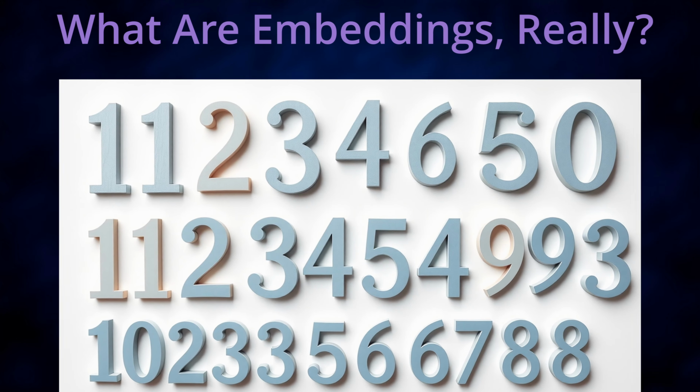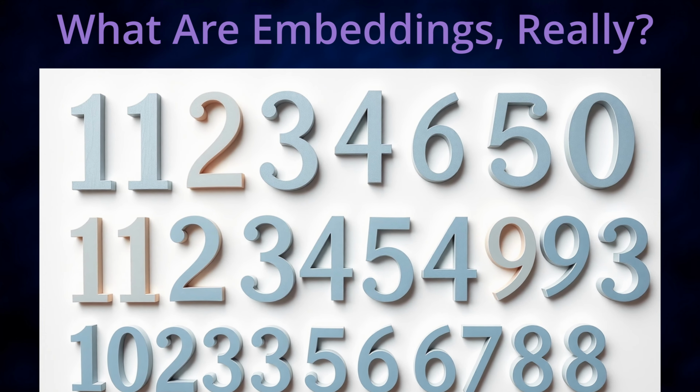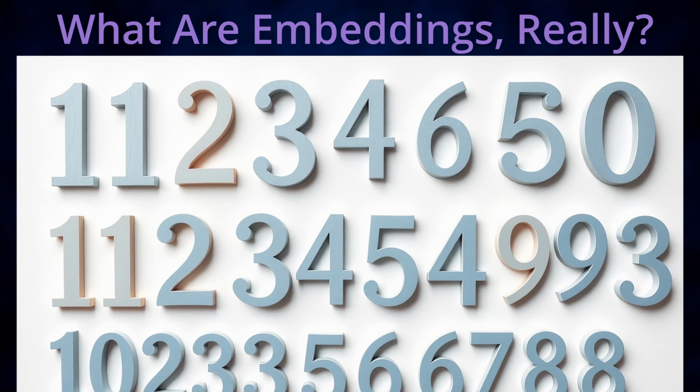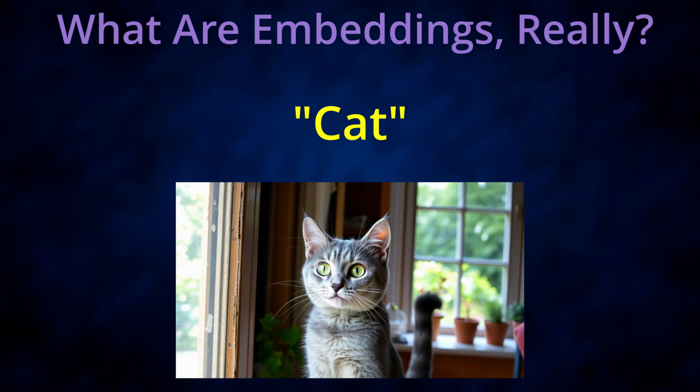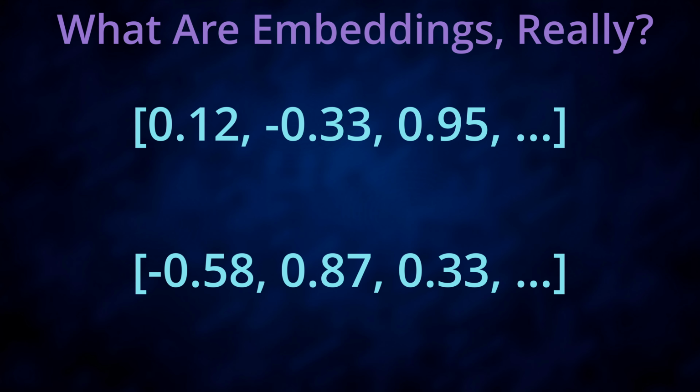Embeddings are simply numerical representations of data, usually in the form of high-dimensional vectors. Instead of storing cat as text, image of a cat as pixels, or a user's transaction history as rows in a table, AI transforms each into a dense vector of numbers.